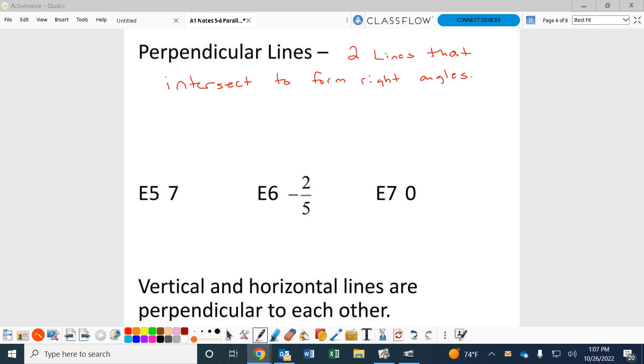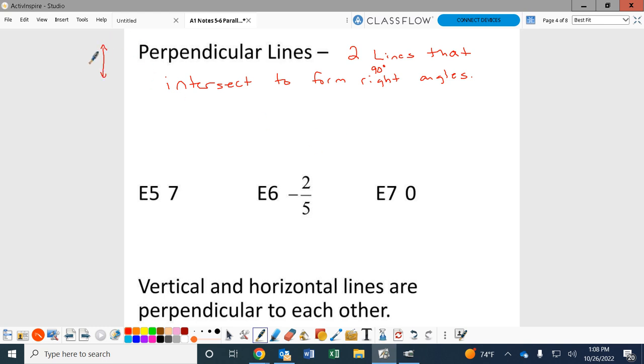Two lines that intersect to form right angles. Hey guys, what's a right angle? 90 degrees. So 90-degree angles, guys, it's basically going to be like the x and y axis.